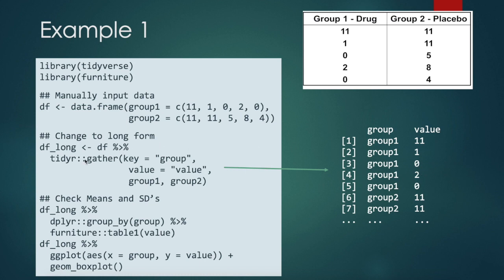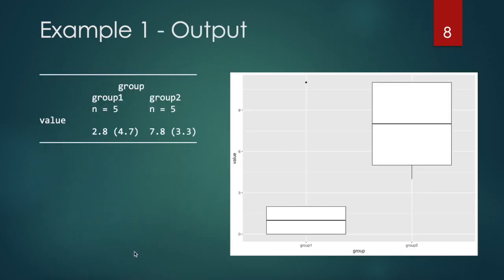To get it here, one way is using the gather function. And so we're taking this into what is called long format. This is wide. And we're just essentially stacking them on top of each other. And then from there, we can get table 1 descriptives and even get a box plot.